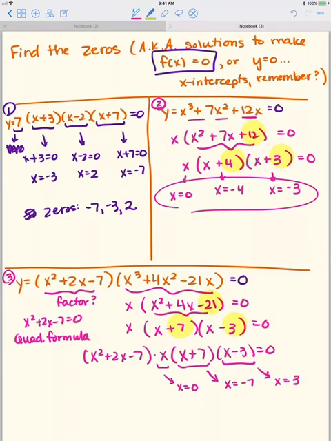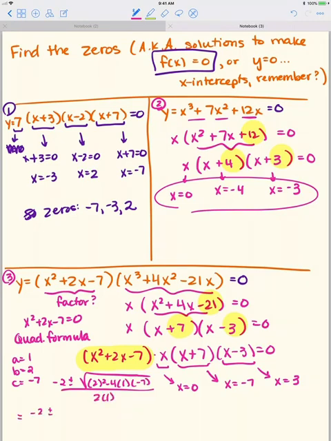But for this other quantity, we're going to have to go through and use the quadratic formula to come up with that. So using the quadratic formula with an a value of 1, a b value of 2, a c value of -7, we get -2 plus or minus the square root of 2 squared minus 4 times 1 times -7 all over 2 times 1.